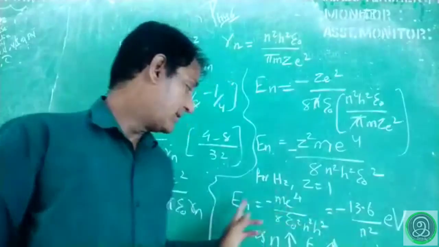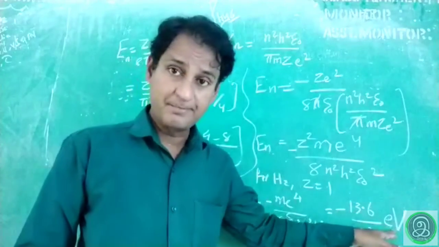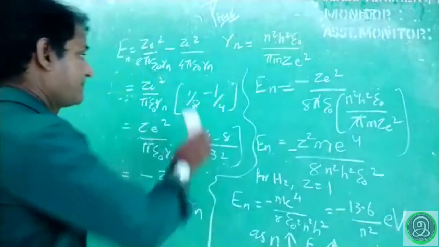So actually E suffix n is equal to minus 13.6 by n squared electron volt.